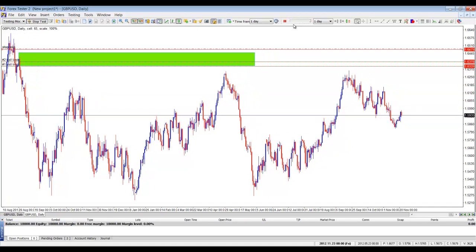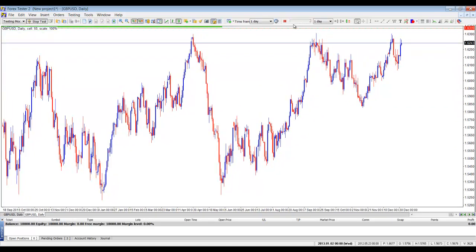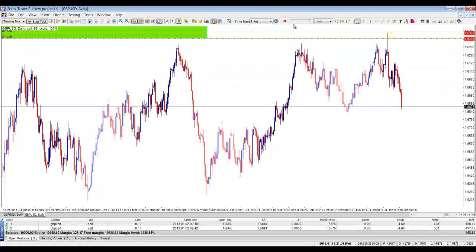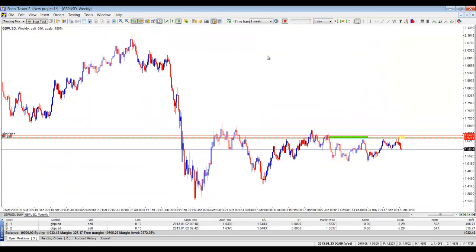Price takes out this demand. Comes and fills our order. And we look back, have a look for our targets. Well, we've had an engulf of here.